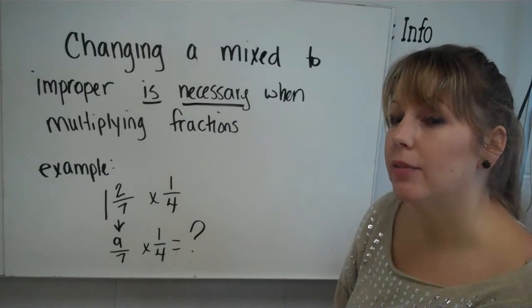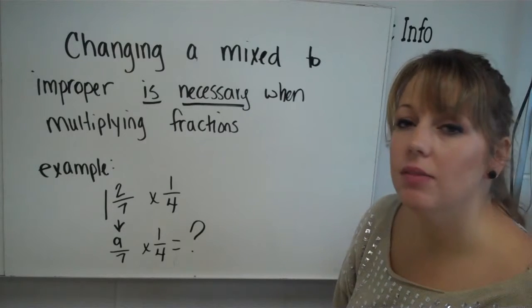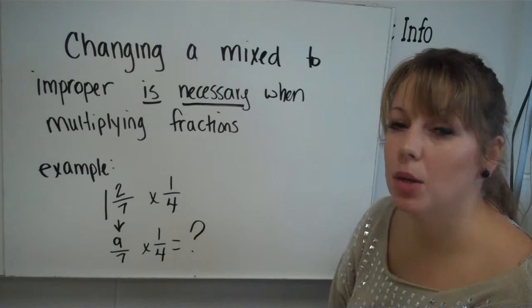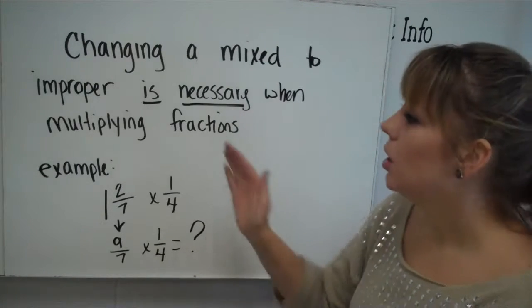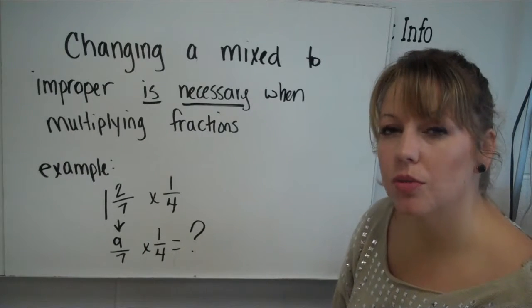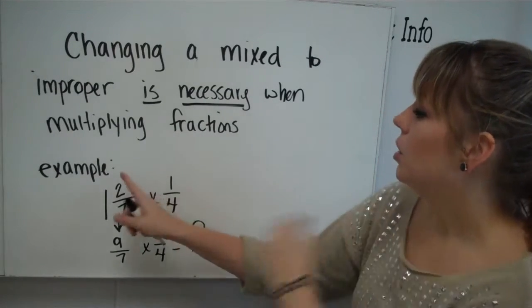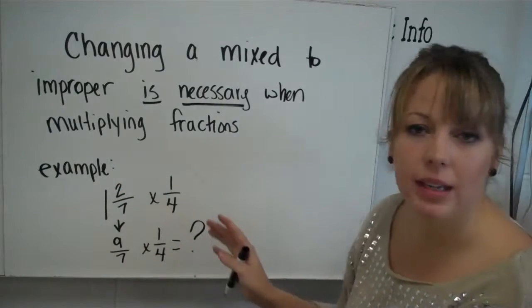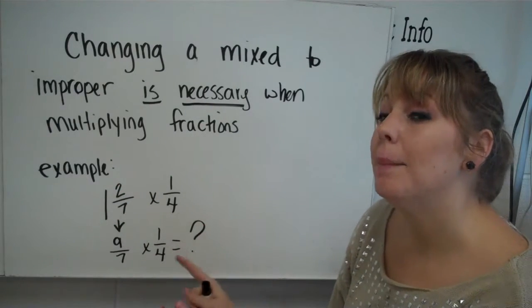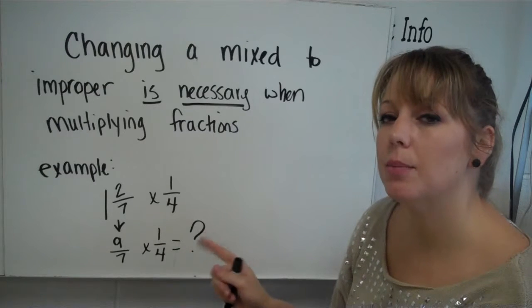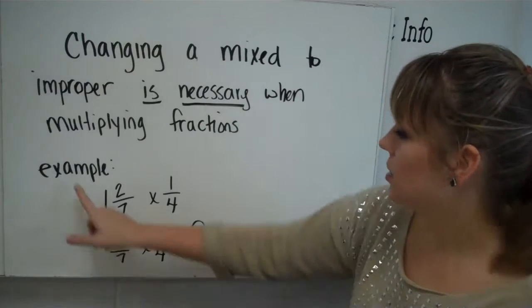You can't leave that mixed number as a mixed number and multiply across like we've been doing. You have to make it improper in order for that formula or that technique to still work. So you are going to change all the mixed numbers in your question to improper before you begin.